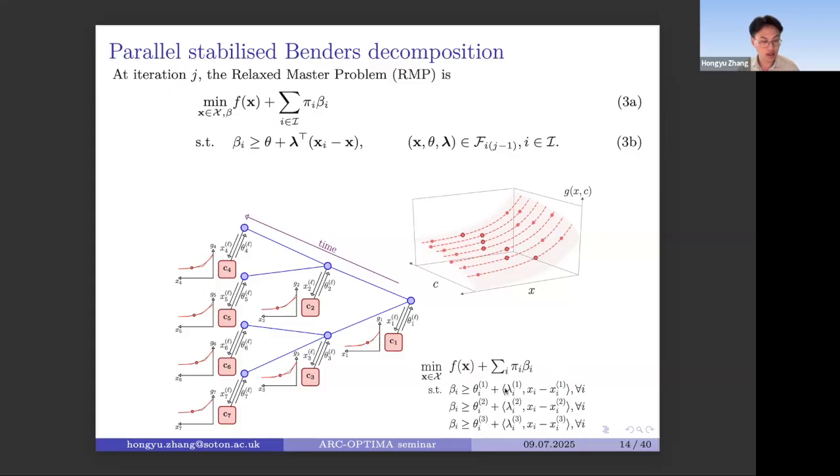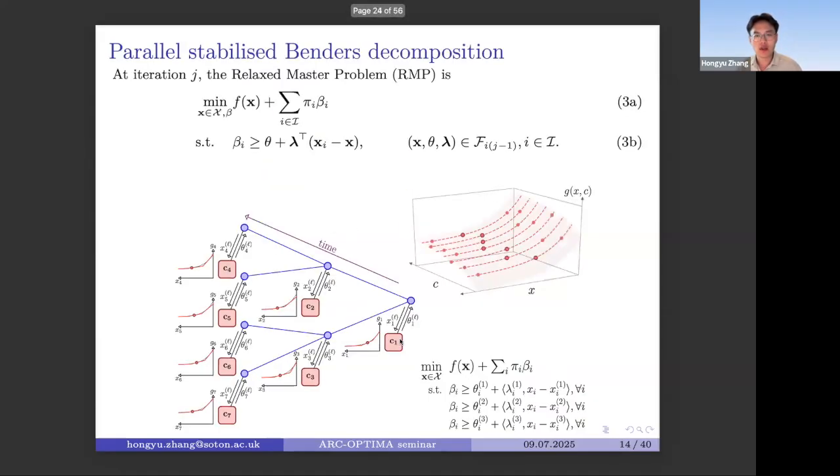Some people also refer to this as multi-cut Benders decomposition, because every iteration you build multiple cuts. In this case, you build one cut per node. Okay.